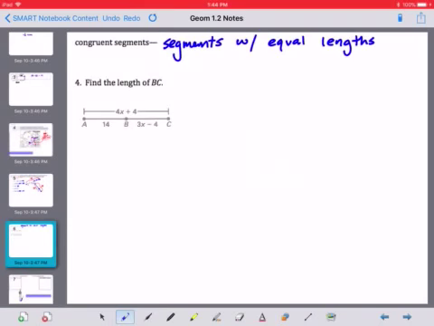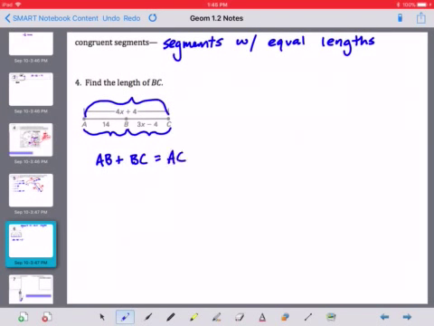All right, so here we are going to use the segment addition postulate because we know that from A to B and then from B to C, if we add those lengths up, that has to be the length of the whole thing from A to C.